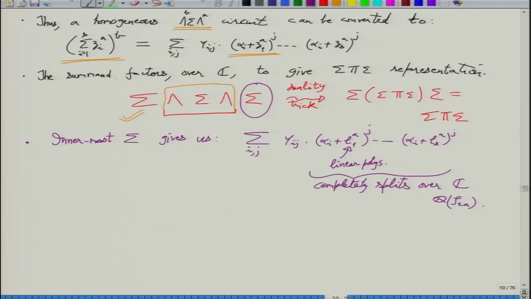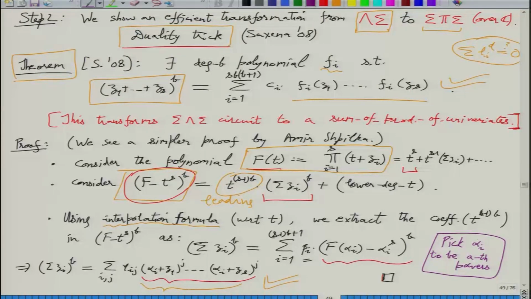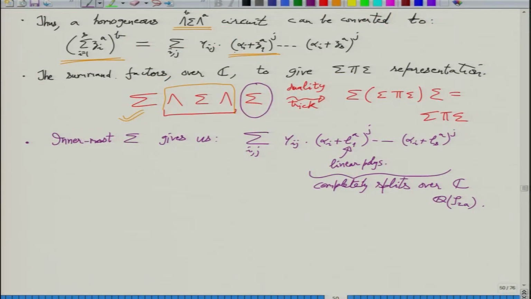So now let us come back here. Here let us pick minus alpha i to be eighth powers. Then in this expression, since minus alpha i is an eighth power, all you require is zeta A, an eighth root of unity, to do this factorization.